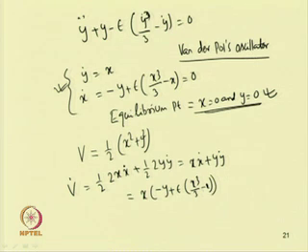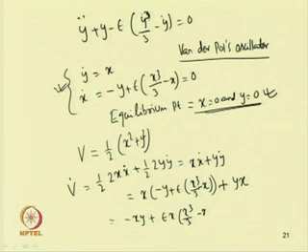So, V dot will be x into (minus y plus epsilon into (x cube by 3 minus x)) plus y into y dot. So, y dot equal to x. This becomes minus x y plus epsilon x into (x cube by 3 minus x) plus x y. So, minus x y plus x y cancel.